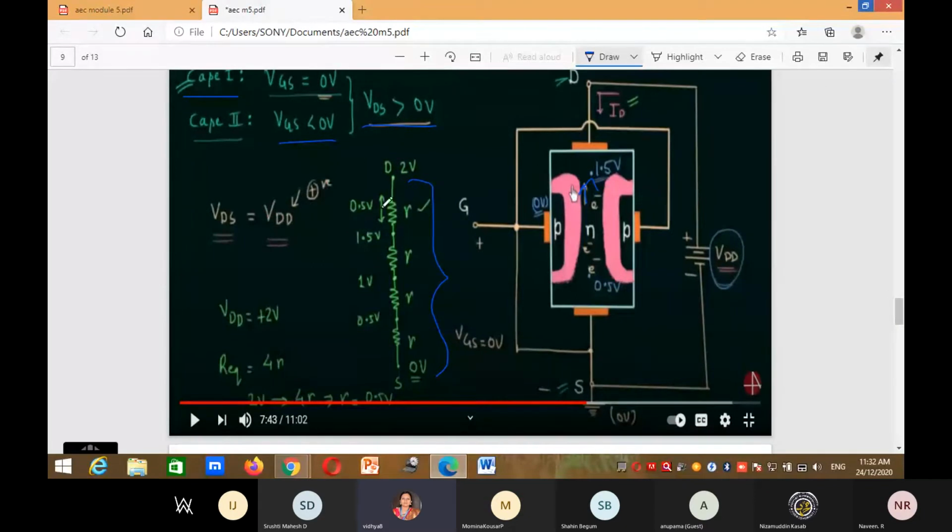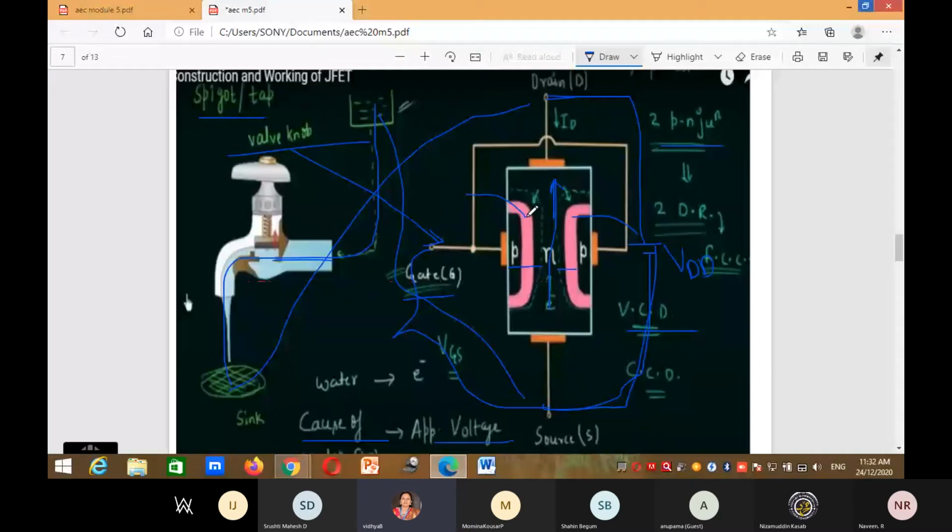First, observe this resistance. Here it is 1.5 voltage and the voltage will be decreasing, and here 0 voltage. At this terminal there will be 0 voltage. When you compare with this figure, the depletion region is the same, the pink-colored depletion region.